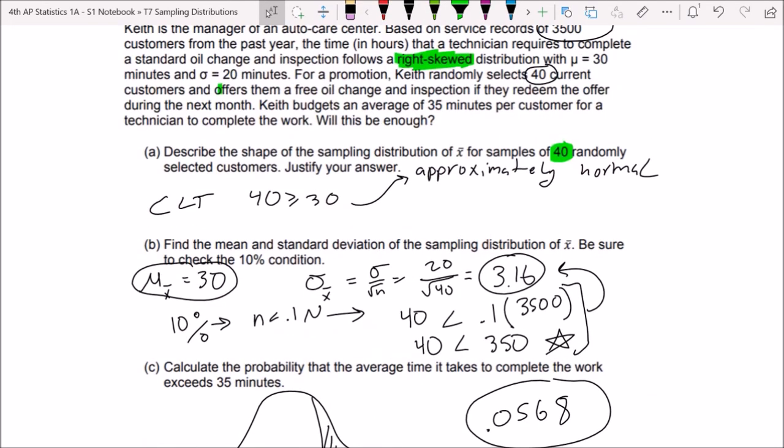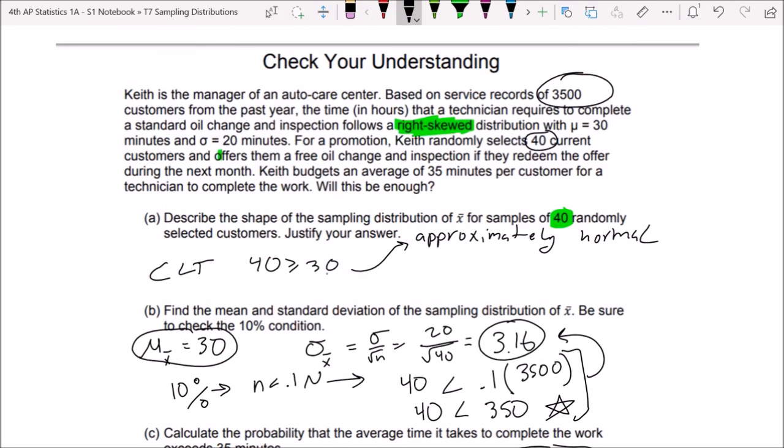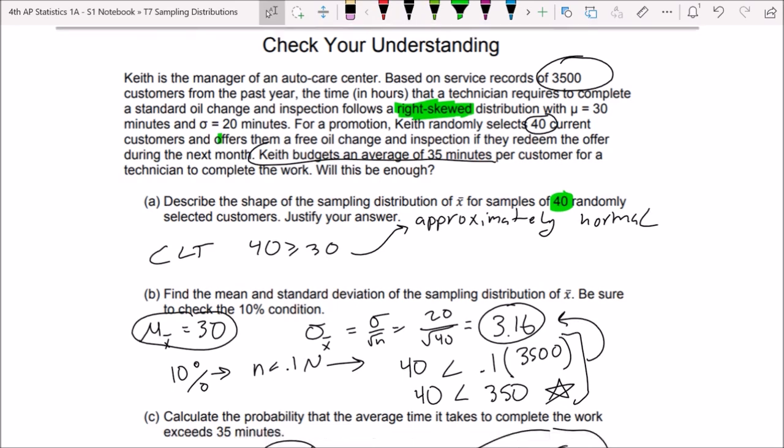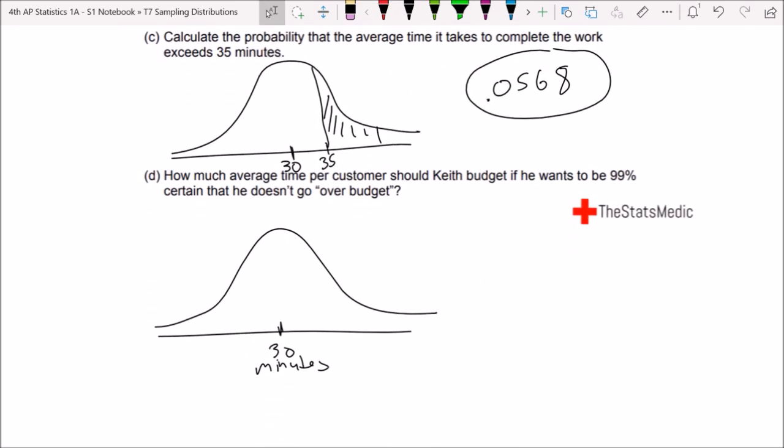Now in the question above, they initially talked about Keith, and it starts right here. Keith budgets an average of 35 minutes per customer. And so the reason I bring that up is when they say down here, how much average time should Keith budget, it's saying basically how much time does he need to allow for each person, and if it takes longer than that amount of time, then he's gone, quote unquote, over budget.